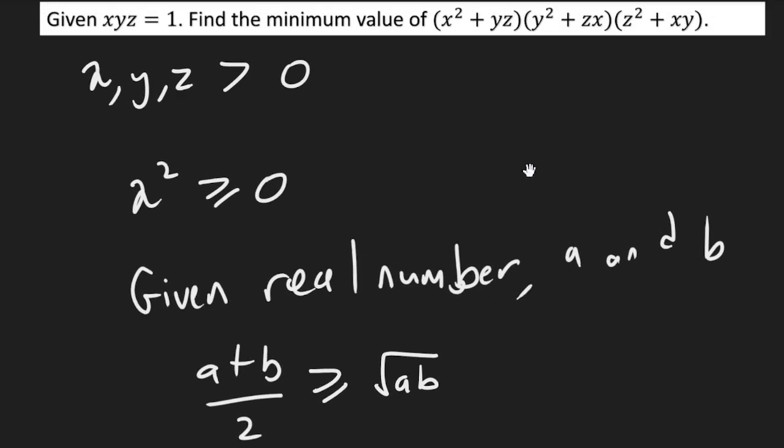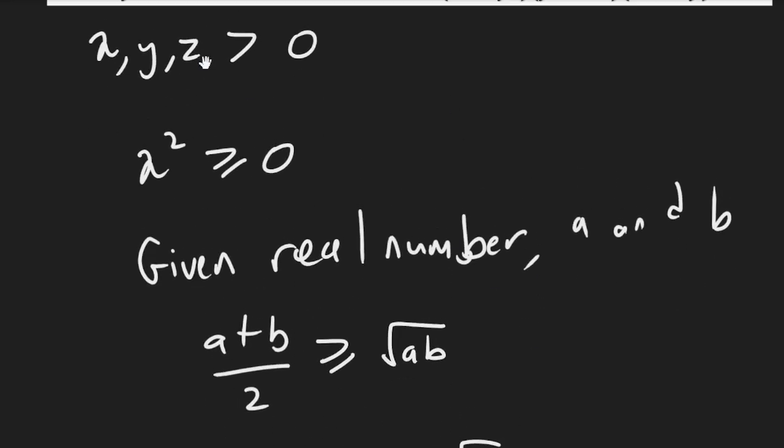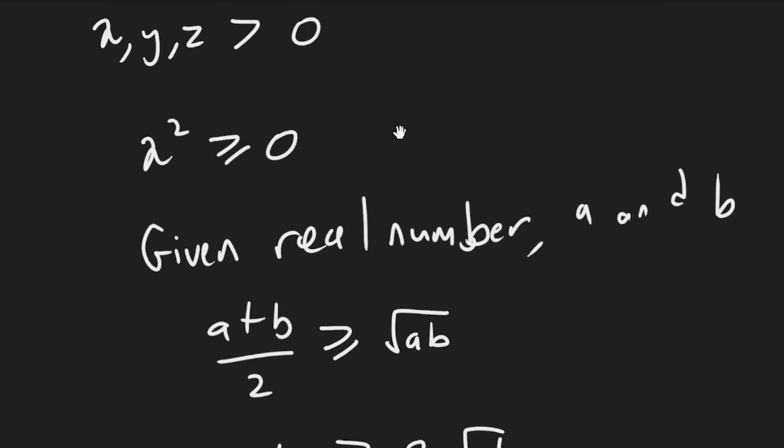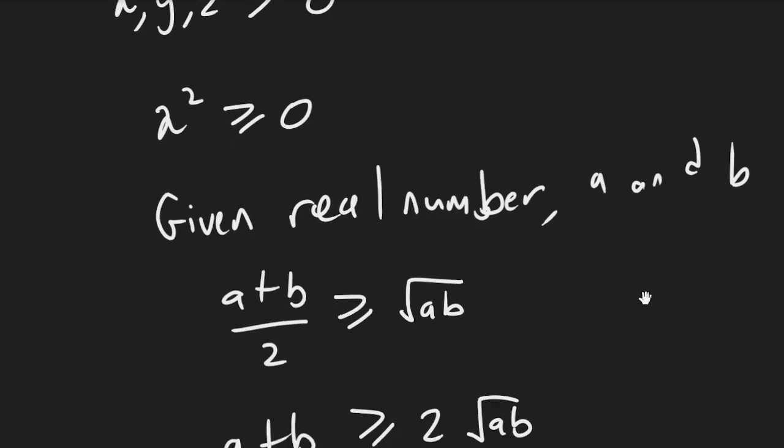Now you see why we made an assumption that x, y, z are greater than 0, because when we consider negatives, the right hand side becomes imaginary, becomes complex, and it makes everything a bit harder to solve. So that's why we assume that x, y, and z are greater than 0.